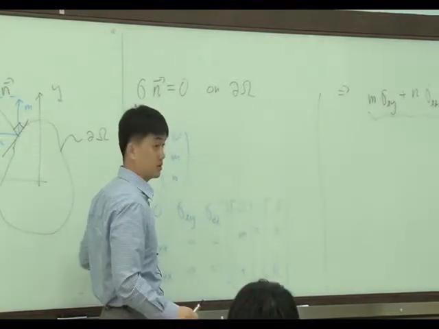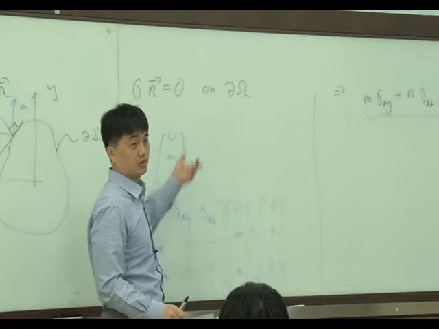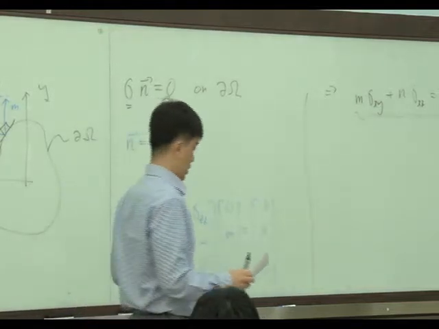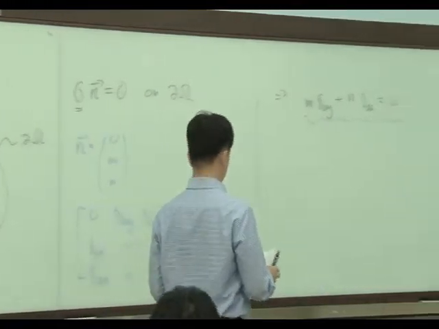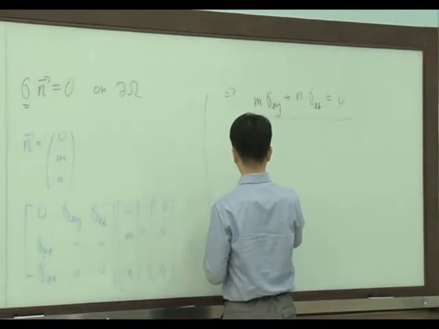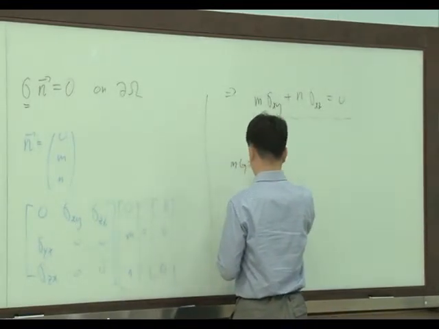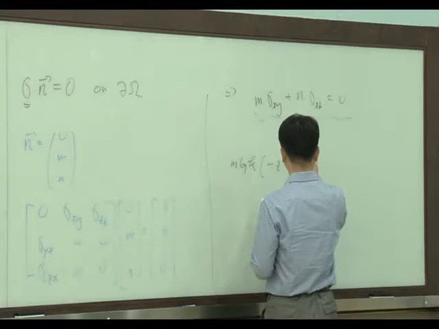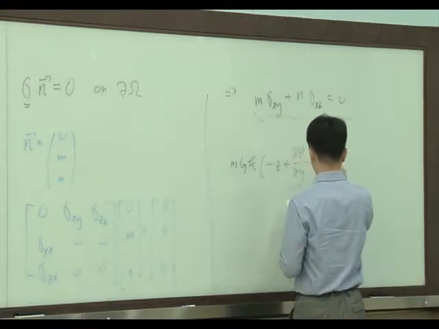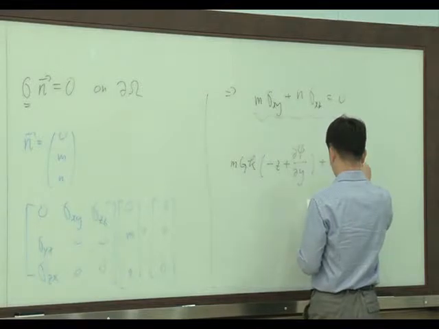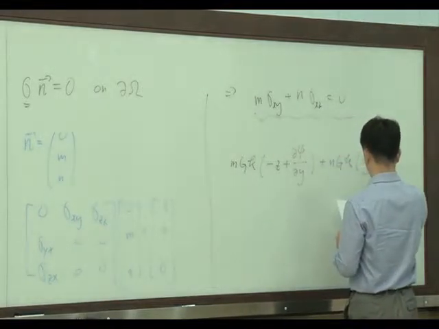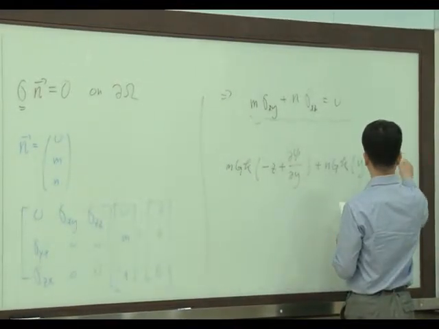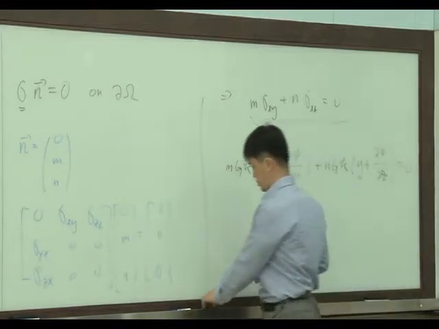And the other two rows result in 0. So we need to consider only that equation, right? Okay. Then this equation means m times the derivative of the warping function minus z plus y, plus n times the derivative of the warping function plus y, equal 0.